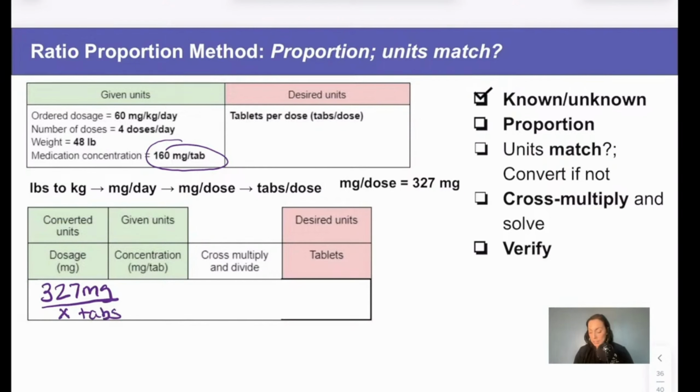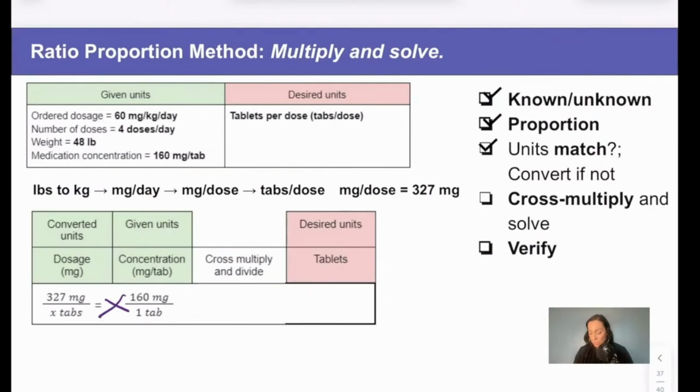Then we take what we know, 160 milligrams on the top per 1 tablet. We have milligrams on the top and tablets on the bottom, so our units match. We can go ahead and cross multiply: 327 times 1 and 160x. And then of course we have to divide by 160.